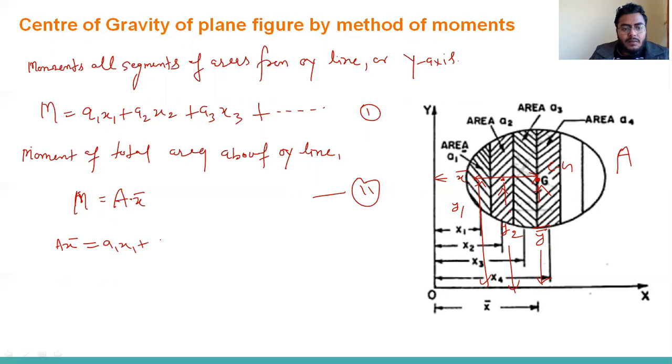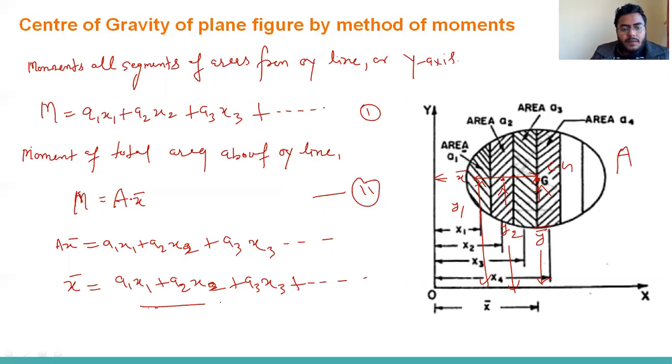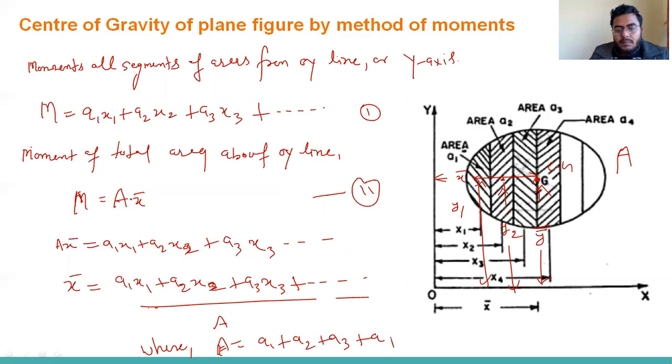By equating these two moments, we can write A x bar equals A1 x1, A2 x2, A3 x3. So from here we can write x bar is equal to A1 x1 plus A2 x2 plus A3 x3 divided by capital A, where capital A is the summation of the areas of all segments, A1 plus A2 plus A3 plus A4.